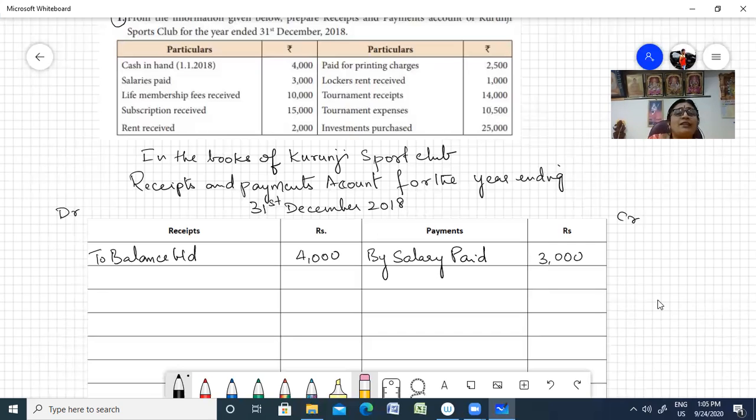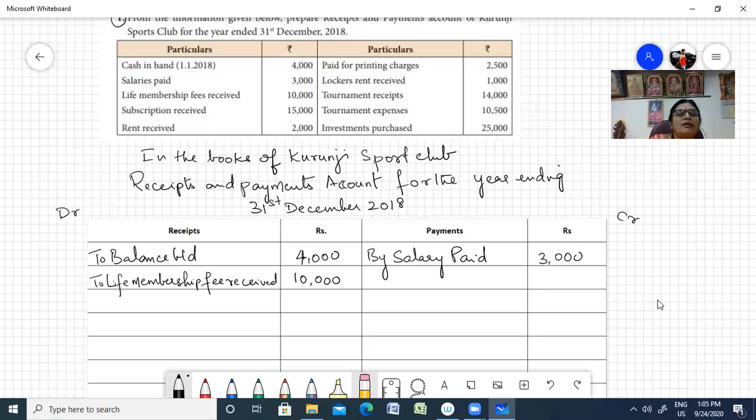Life membership fee received. It's an income. It's coming inside. So to life membership fee received, 10,000. Okay, 10,000.